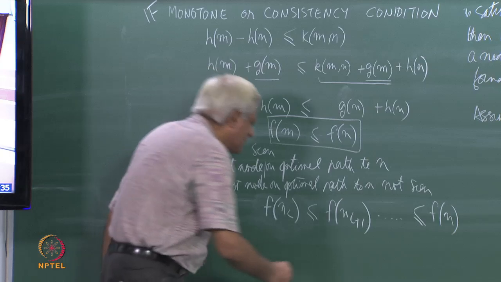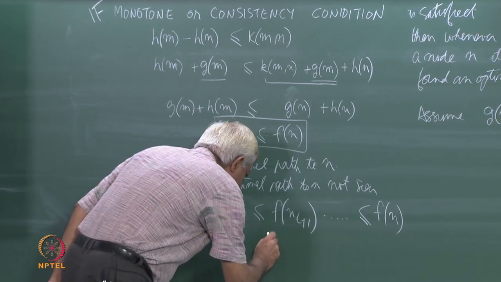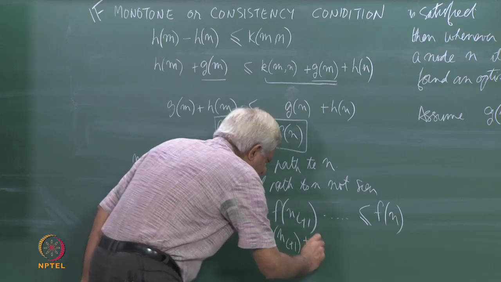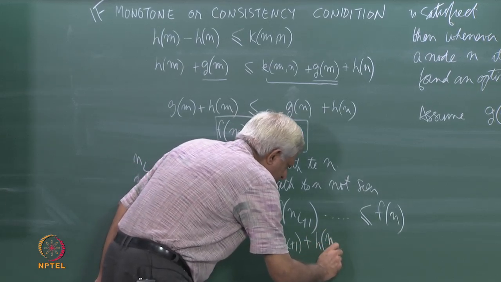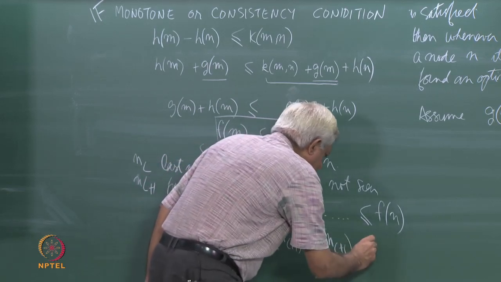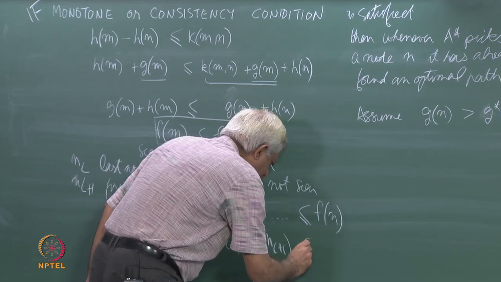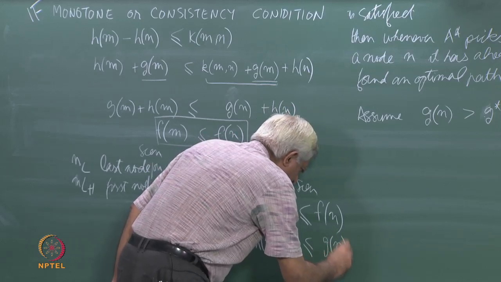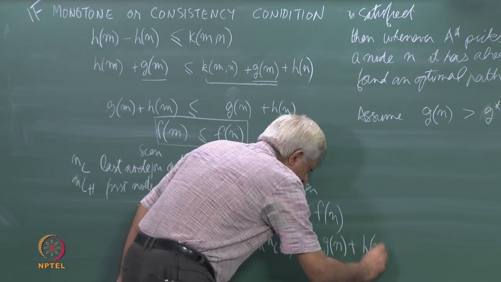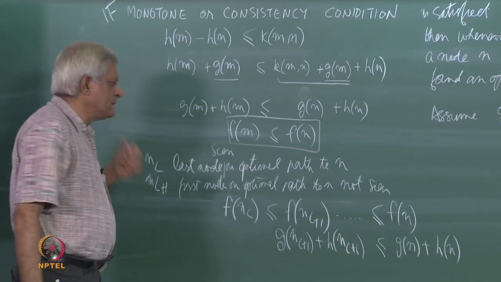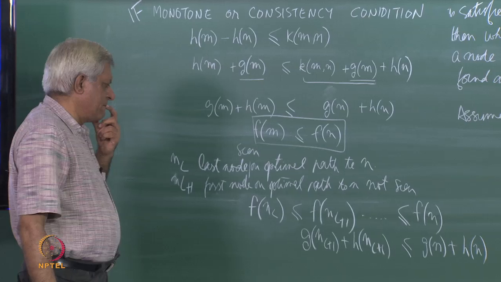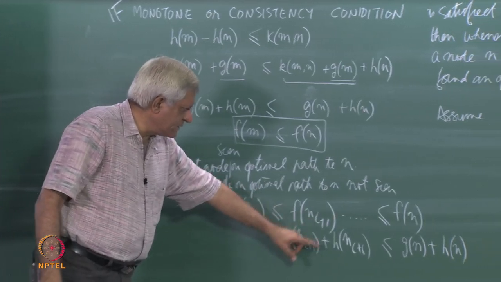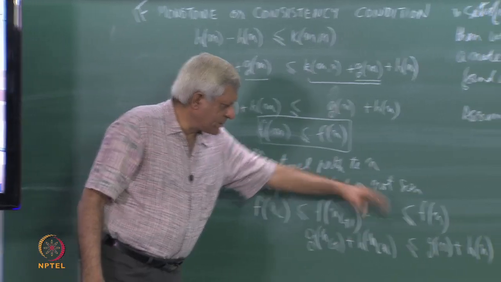So, in particular we can write that g of n L plus 1 plus h of n L plus 1 is less than or equal to g of n plus h of n. I am just expanding this one here and that one there, and I am skipping the transitive steps.